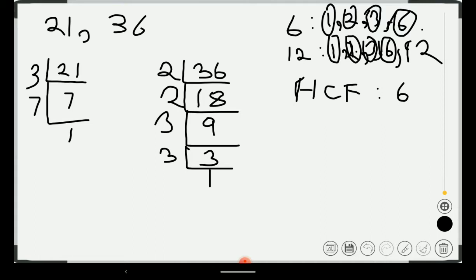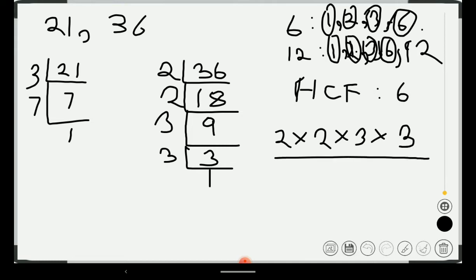So let me take 36 as an example. Their prime factors are 2 into 2 into 3 into 3. Okay, so I hope that you have understood the concept of prime factorization. You can also draw a factor tree, but that's not required here, so I am not explaining that.